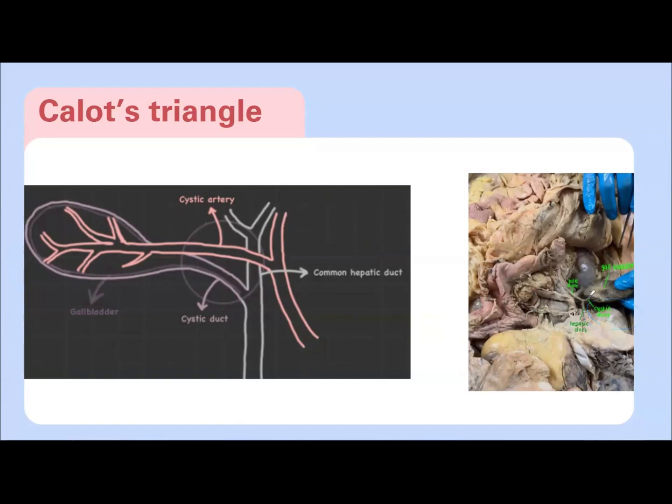And the cystic duct is inferior, so we're going to look at this area right here. Now we know that the liver is here, and the liver forms the superior border of the triangle. So this part right here is Calot's triangle. You can kind of see it like this. That's Calot's triangle. Did you get it?